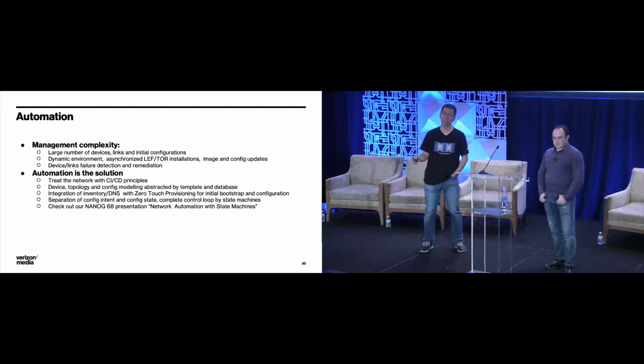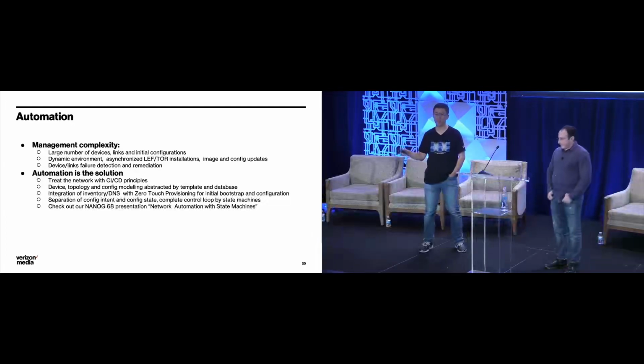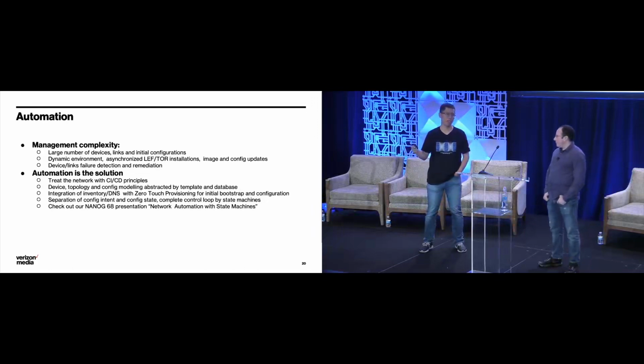It's not only the number of devices or links, but also the changes that have to happen within these clusters, because this is a dynamic environment. Somebody may submit a request and something has to change. And when you have a really large network, these requests come in really dynamically. So all of these things have to be managed by automation.